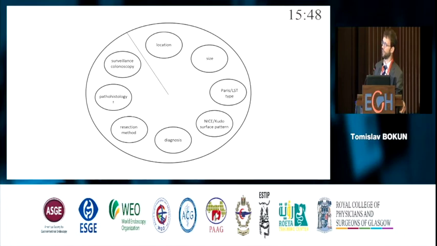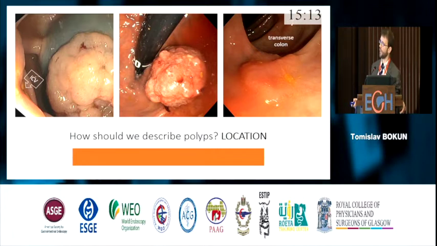We have to morphologically classify the polyp, and then use some advanced classification methods, like chromoendoscopy, the NICE classification, and we can describe Kudo's surface pattern, and all this in order to make a diagnosis and to plan what to do with this polyp: to plan the resection method if we are going to resect, then to plan whether we are going to send this specimen to the pathologist or not, and then finally to plan a surveillance colonoscopy.